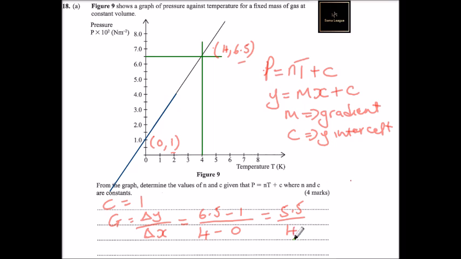You divide by 4, and you use your calculator, you get 1.375, which is approximately 1.4 to 1 decimal place. So that's how you work out that question, and you would have scored.